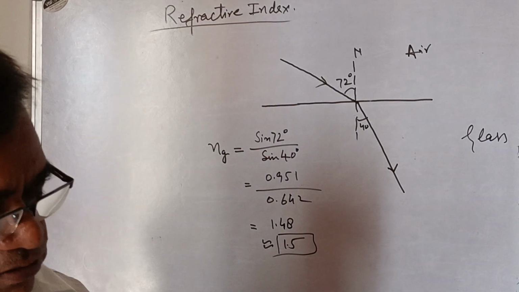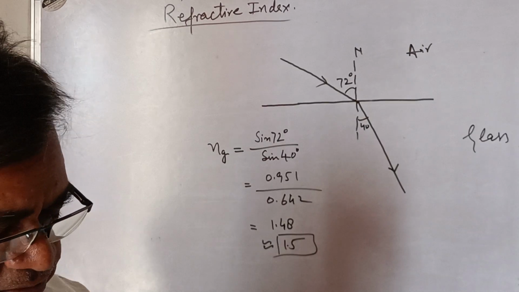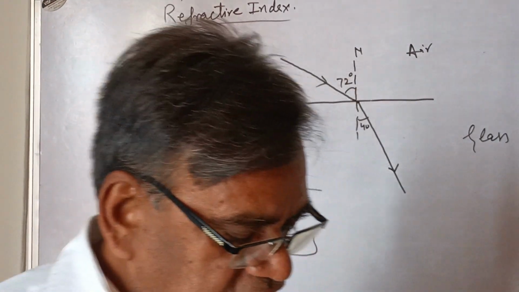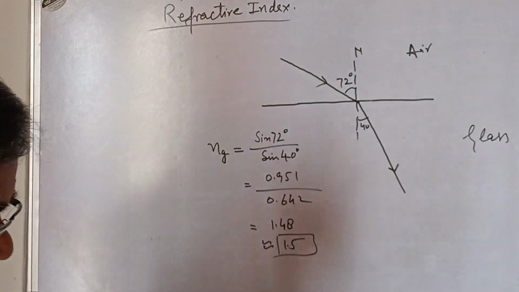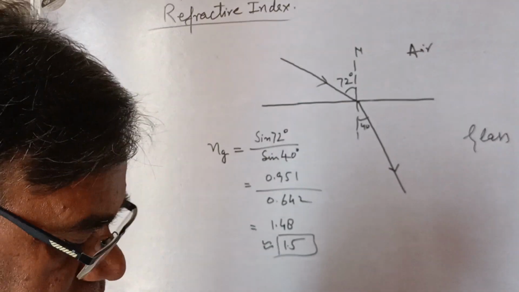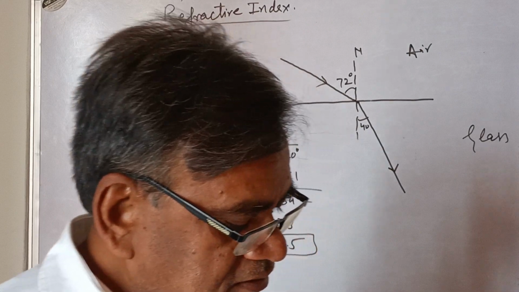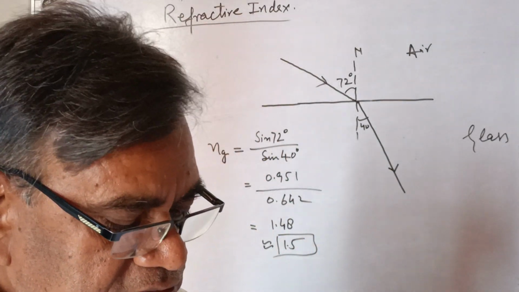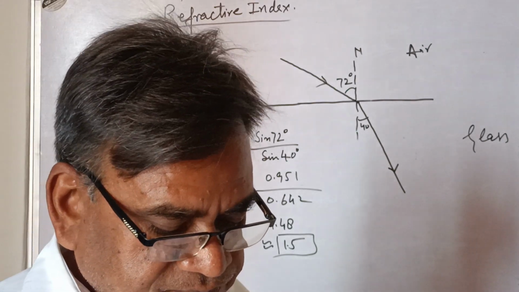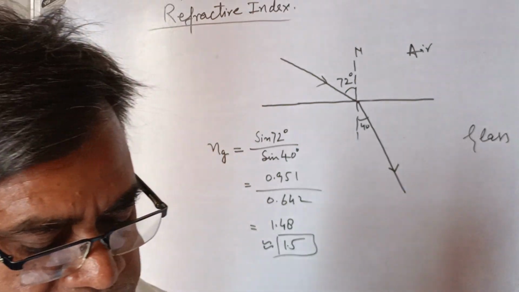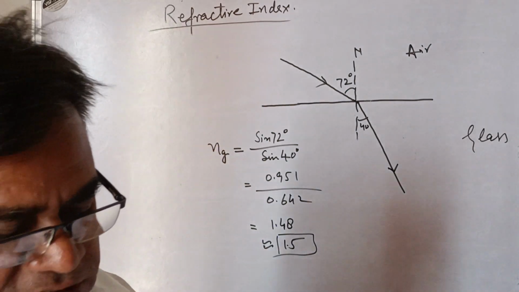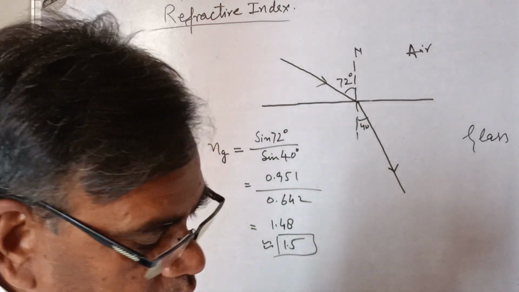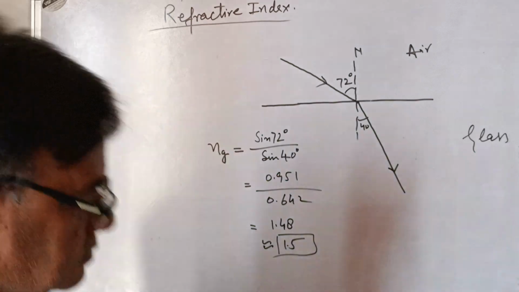Now, some more questions. Now we have seen the relation of velocity of light in a pair of materials in reference of refractive indices. Now one more question. Light enters from air to glass plate. There is a glass plate having refractive index 1.5. What is the speed of light in glass?